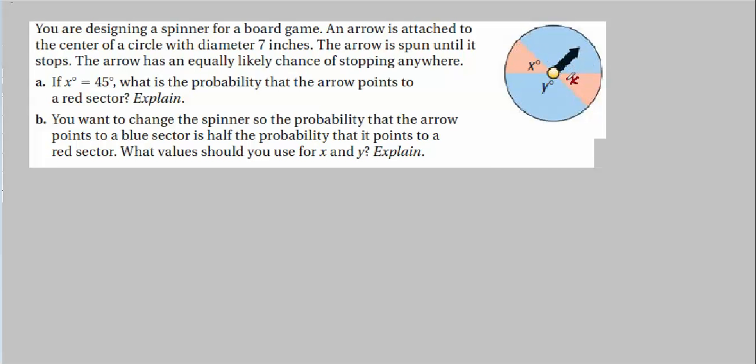Well, I say that the probability of landing in the, well, they said red. Okay, I'll call it red if they want. Probability of landing in the red sector is exactly the same as the area of the red sector over the area of the whole circle.